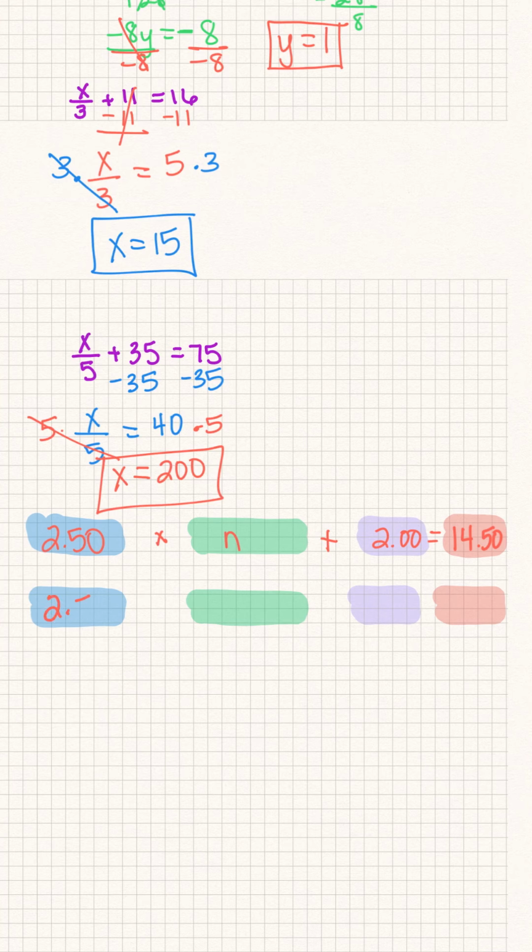I guess it's the same thing I should have put up here. Equals number of games, and down here it equals n.